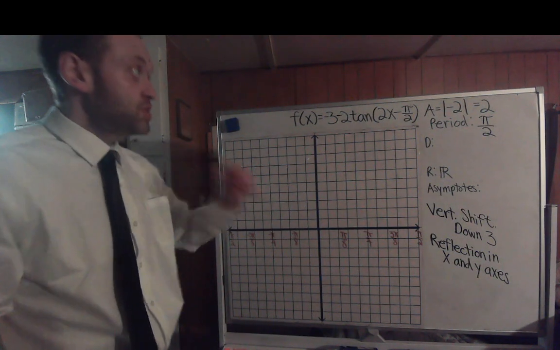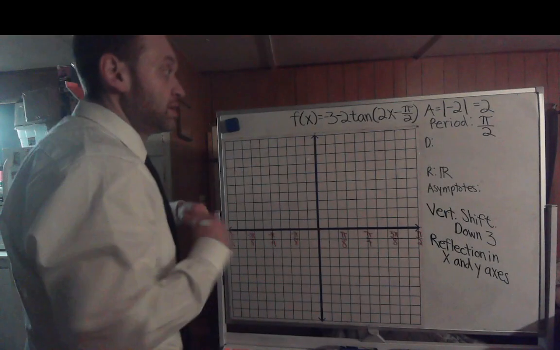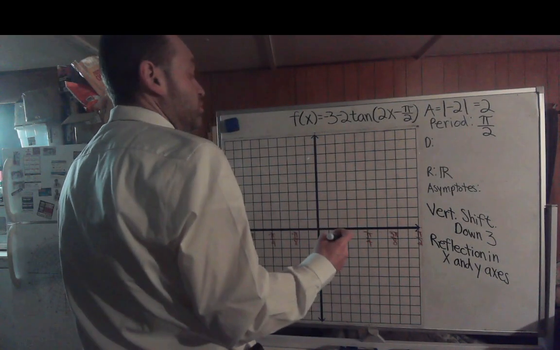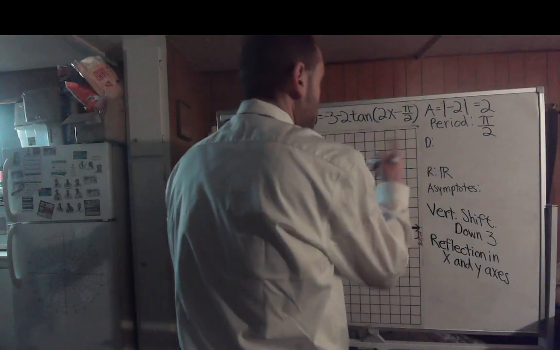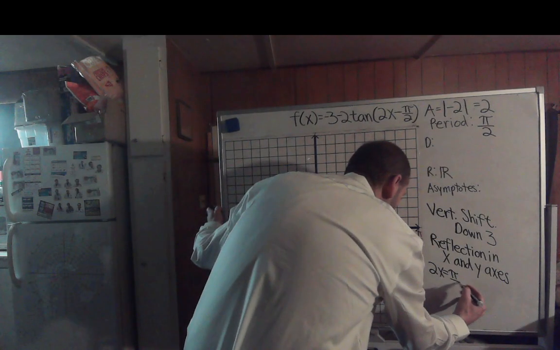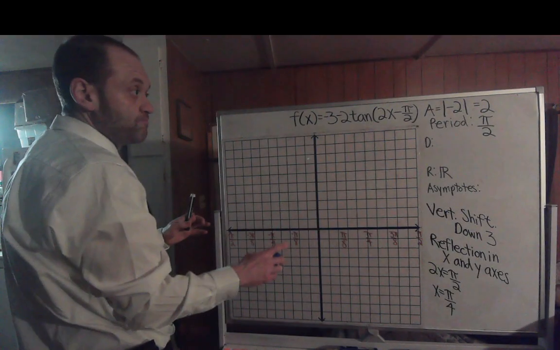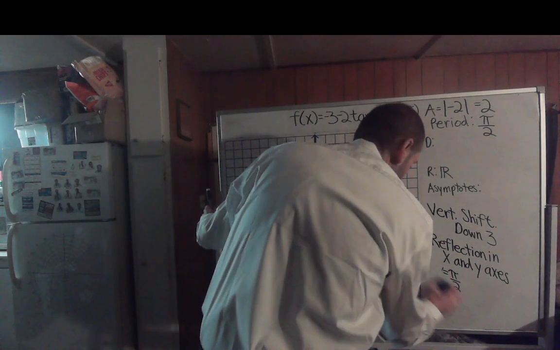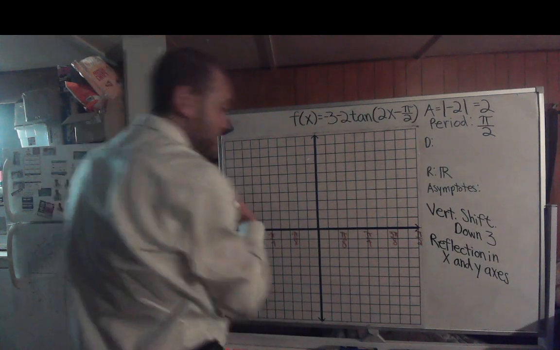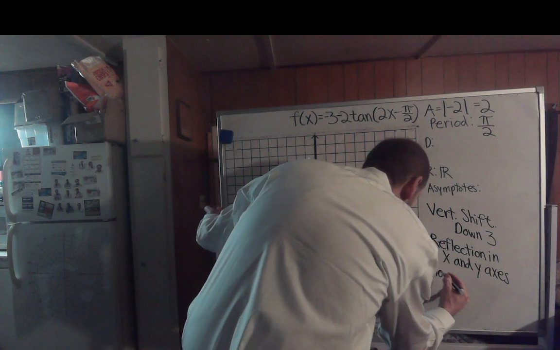And then let's take that 2x minus pi over 2 and set that equal to 0. You would end up getting 2x equals pi over 2, which would give you x equals pi over 4. That means you have a horizontal shift right pi over 4 units. So we have a horizontal shift right pi over 4.